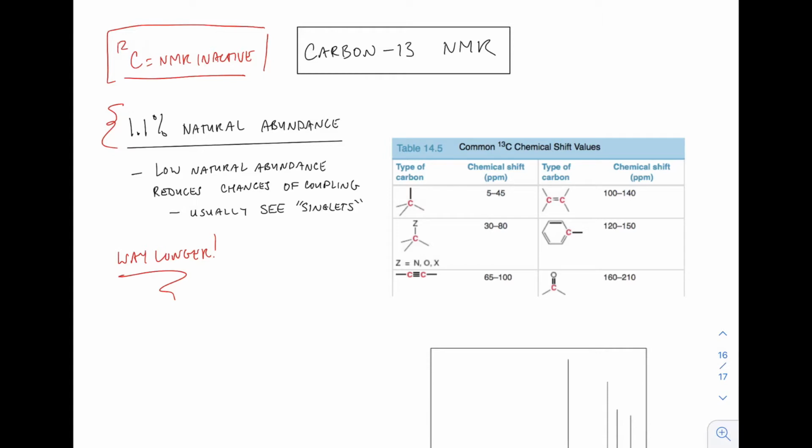It's just the nature of the lack of natural abundance. Since it's only 1%, if you think about it, it takes like 100 times longer, right?